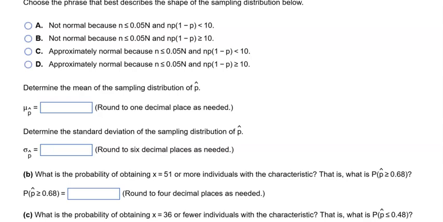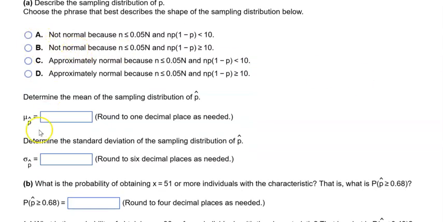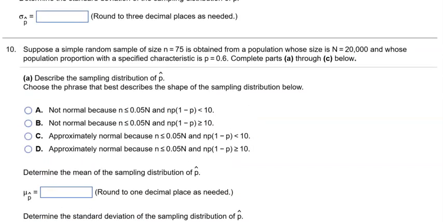Okay, question number 10. It is pretty much similar, except that besides verifying the criteria and finding the mean and the standard deviation, you have to find the probability as well. So let's do question number 10. Suppose a simple random sample of 75 is obtained from a population whose size is 20,000.